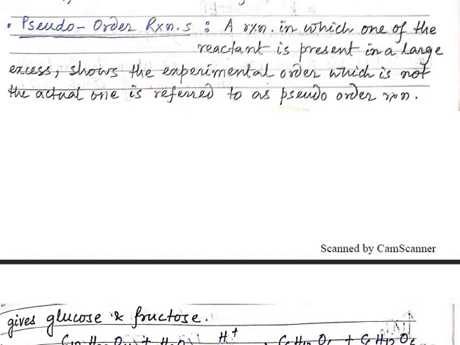So one of the reactants is present in large excess, and the reaction shows an experimental order which is not the actual one.